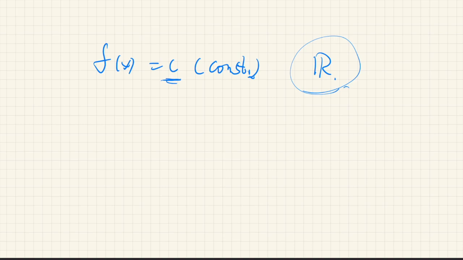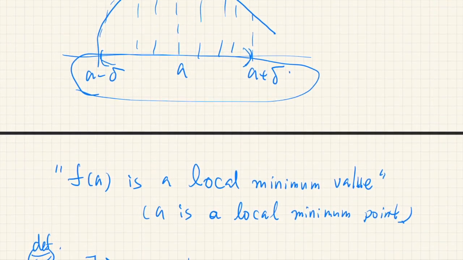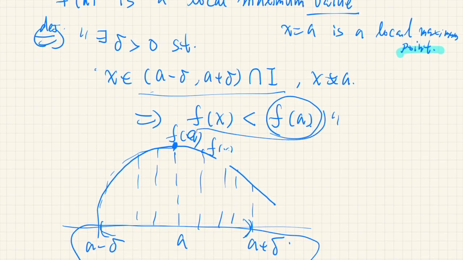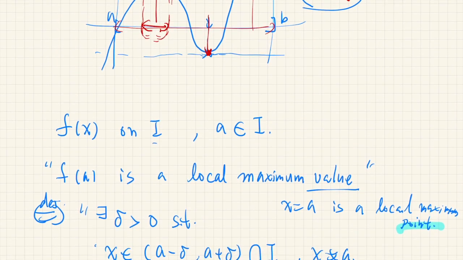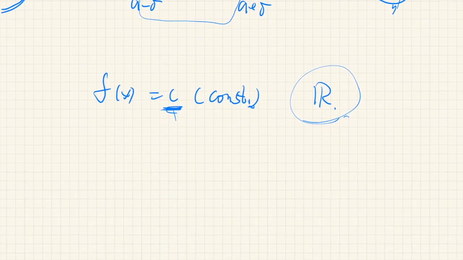So c is always the maximum value and the minimum value. But this value is neither a local maximum nor a local minimum, because this doesn't fit the definition of local extreme values. We never have this inequality or this inequality, because it's constant.